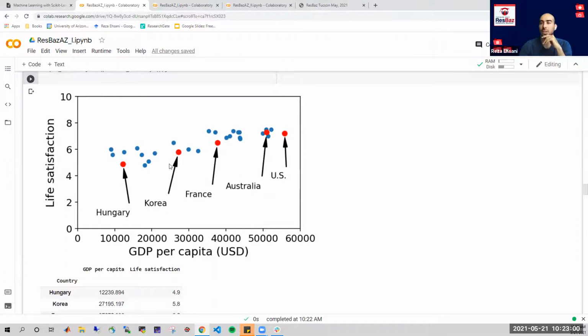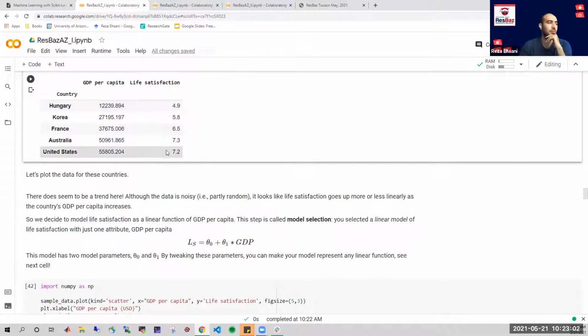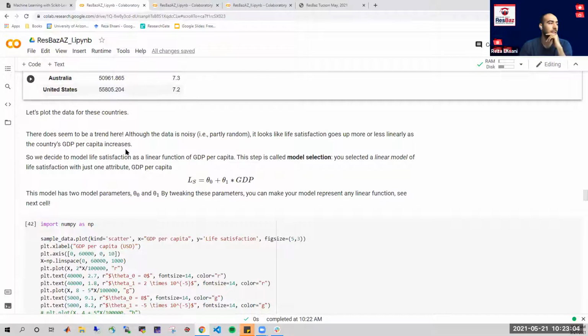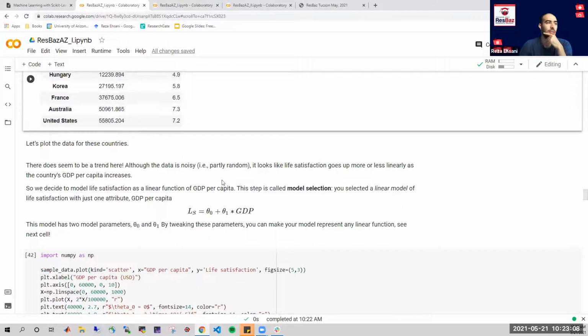So maybe a linear regression is not a bad choice for this, but we will discuss this later on. Also, the data is noisy, as I mentioned. It looks like life satisfaction goes up more or less linearly as the country's GDP per capita increases.